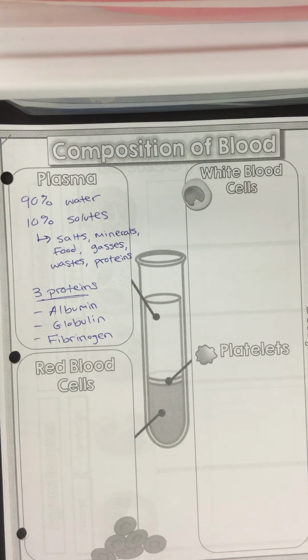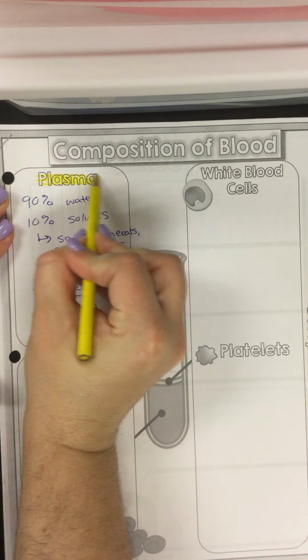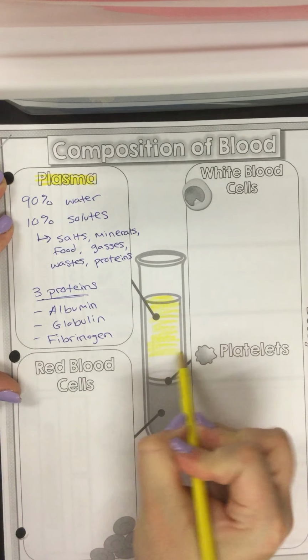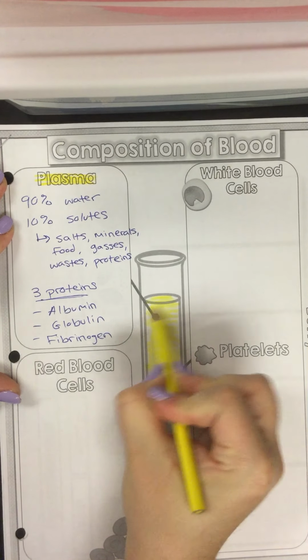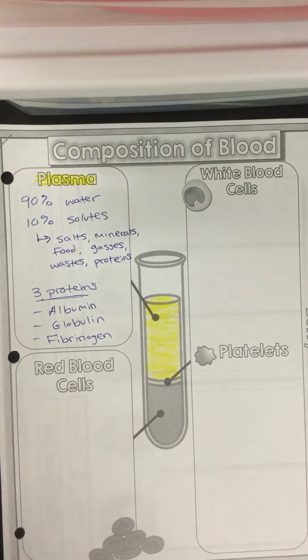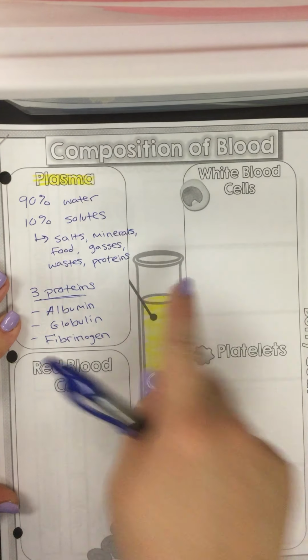So in our test tube here, a picture of a test tube, plasma yellow. This top part would be plasma. And depending on the person, we're actually going to do a paper about this later this week, it's about half plasma. So this was their total blood volume from their sample.